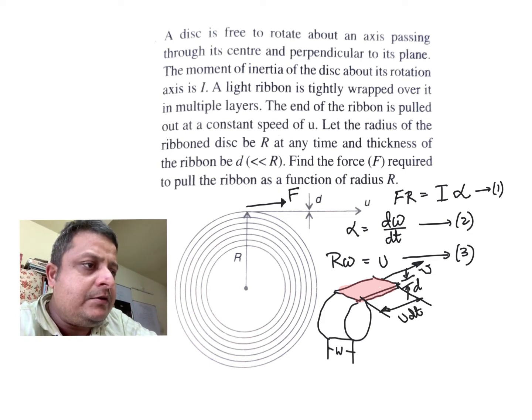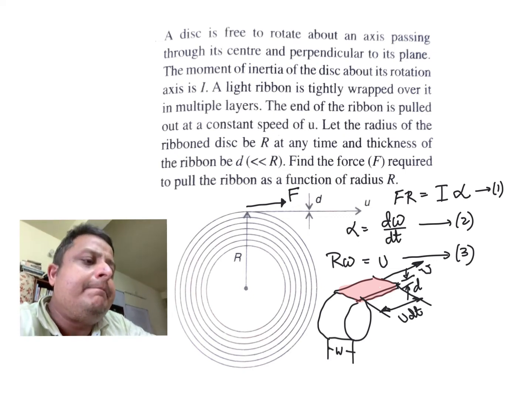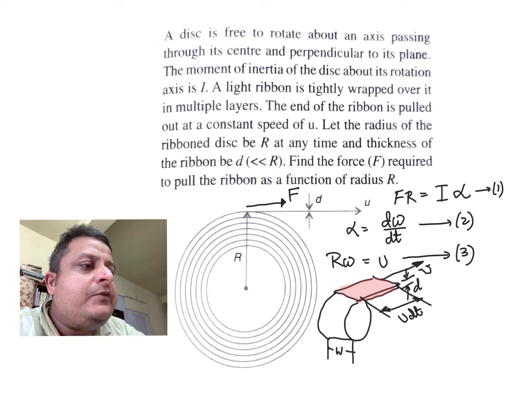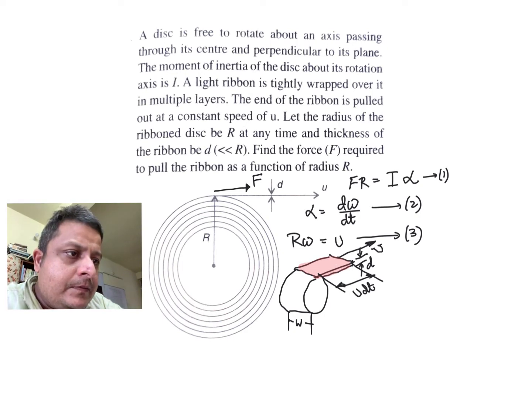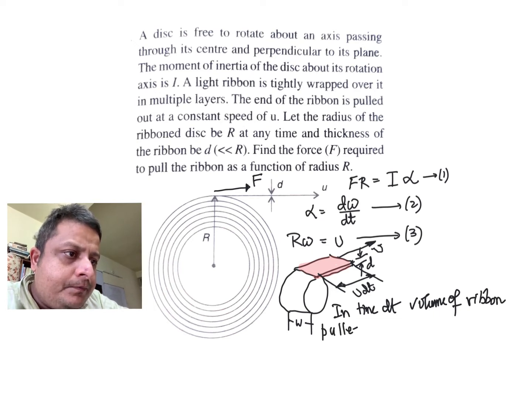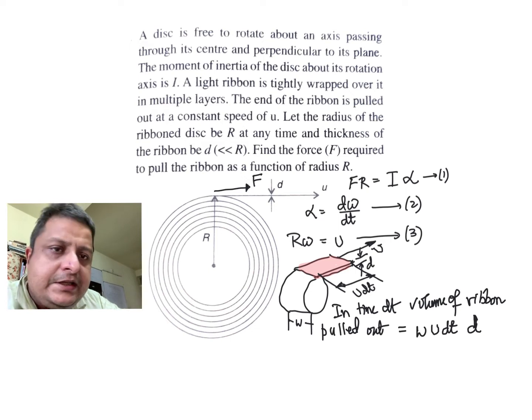So how much of this ribbon is pulled in this time? The volume of the ribbon pulled out in time dt is equal to width w times u times dt times thickness d.